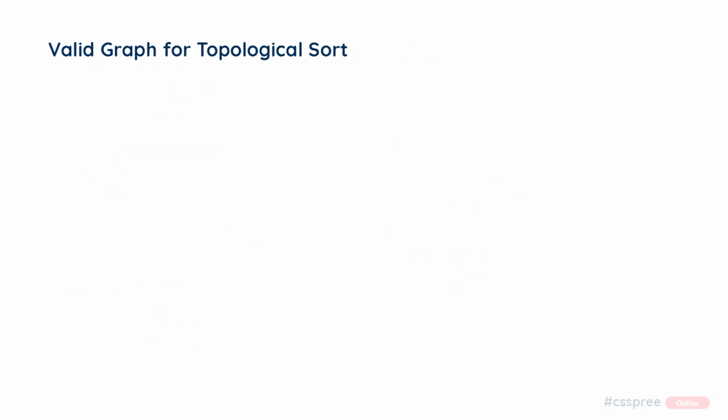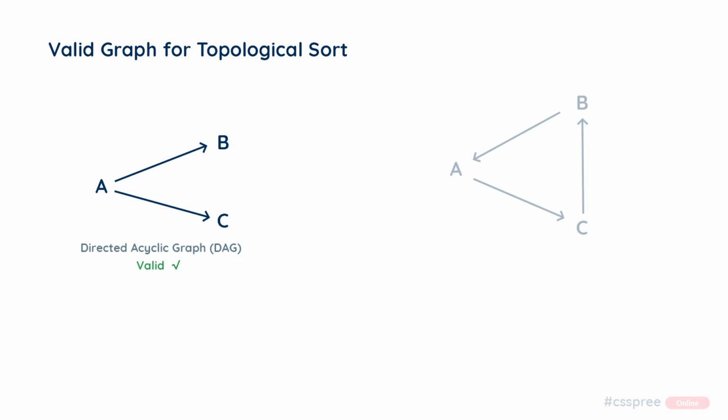Now I am going to discuss valid graphs for topological sort. On my left side, I drew a graph. It is called a directed acyclic graph, and it's valid. On my right side, I drew a graph. It is a cyclic graph, and it's invalid.